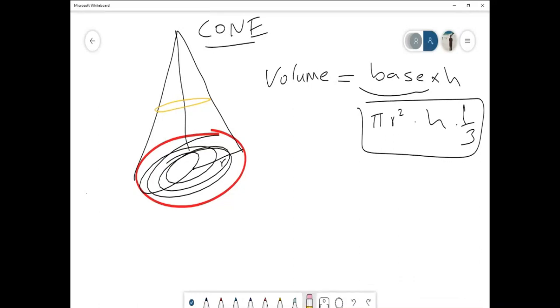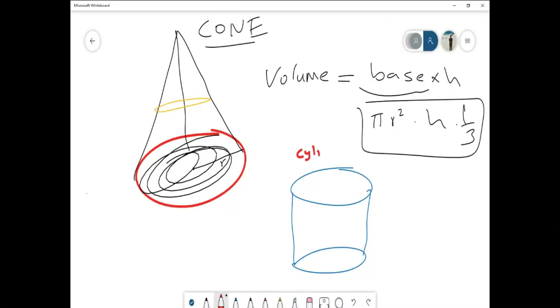Do you have any questions? Sir, why did you say 1/3? Because, for example, when you have a cylinder, this shape is called a cylinder. What is the volume of this cylinder?